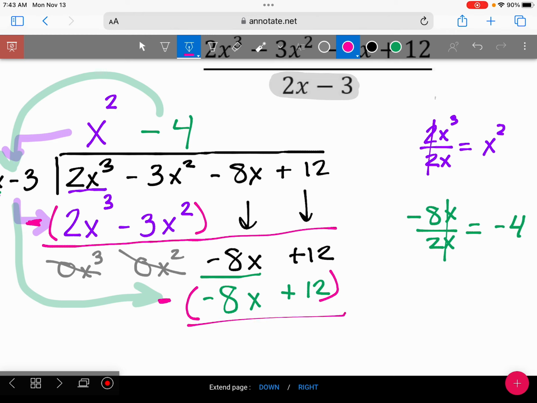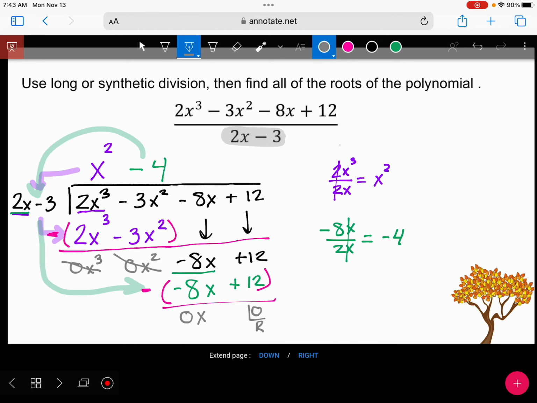Minus 8x minus negative 8x gives us 0 x's. That's the whole point. If we don't get a 0 there, something went wrong. 12 minus 12 is also 0. And that would be our remainder. On these ones that say find all of the roots, you should always have a 0 remainder. Every single time.